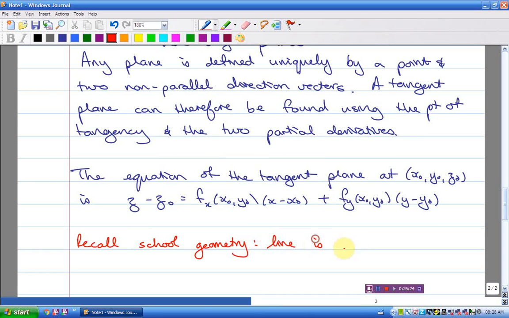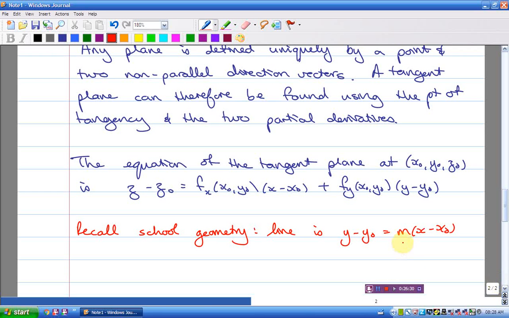You can find the equation of a line with y minus y naught equals m times x minus x naught, where as soon as you learn some calculus, that m could be worked out as f dash x naught. So that should look familiar from school geometry.